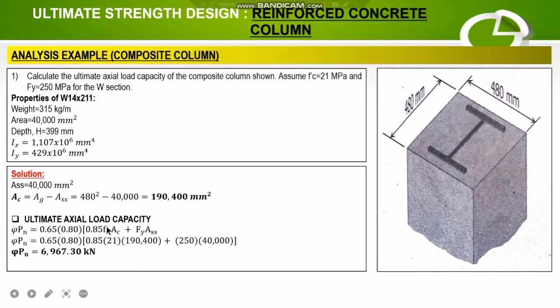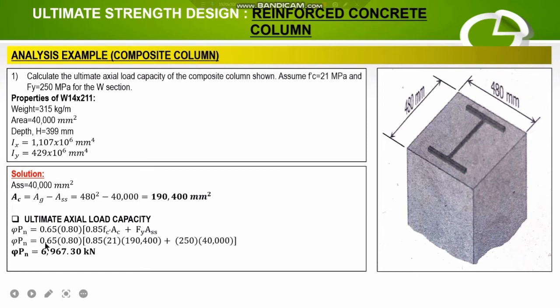So the ultimate axial load capacity is given with a formula phi Pn. So phi Pn is equal to 0.65 times 0.80 times the quantity of 0.85 Fc prime AC plus Fy ASS. So we use 0.65 as our strength reduction factor, since this type of column is a composite column.